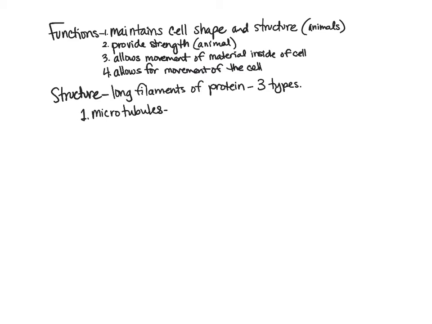So we're going to actually talk about the 3 different types, and our microtubules are the largest. I often think of microtubules as being big straws inside of the cell. They're very, very thick and tubular, as the name implies, microtubules.